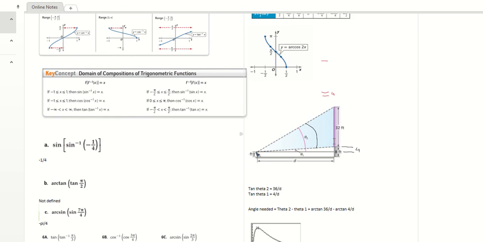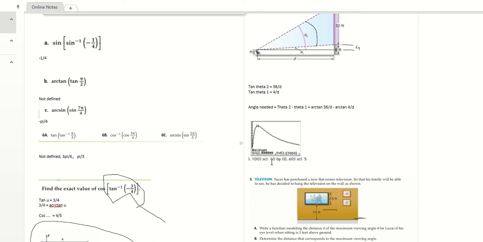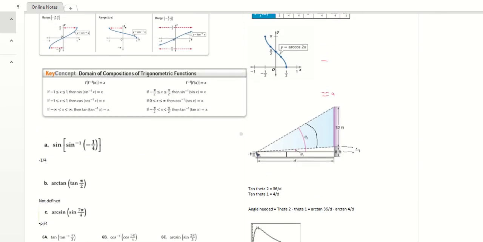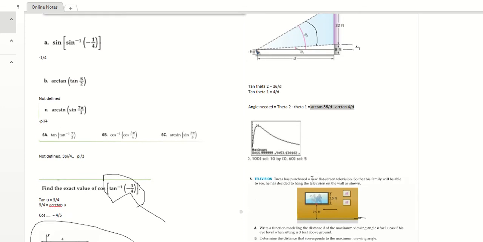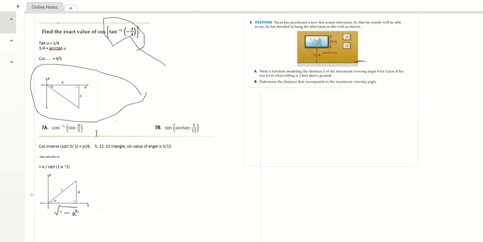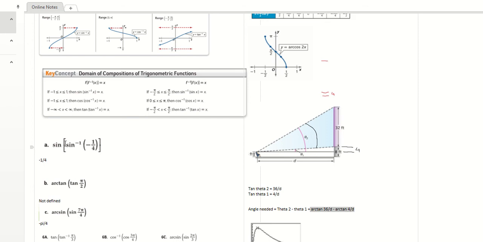In this one we just used the values to calculate the angle. In this case it was the tangent, so we used arctan. Then we had an equation that we could only solve by plotting on a calculator to find the difference. Here we looked at inverses and saw if this makes sense.